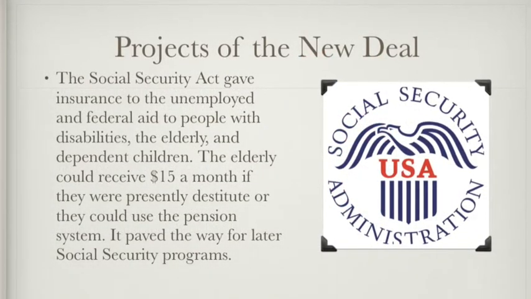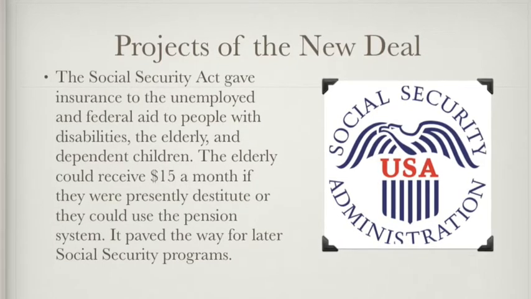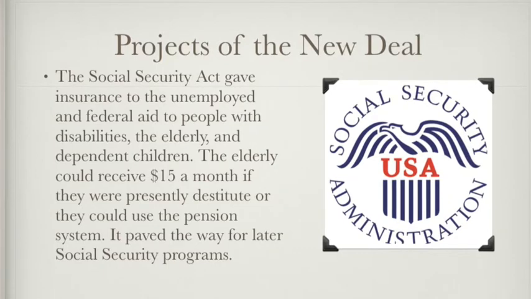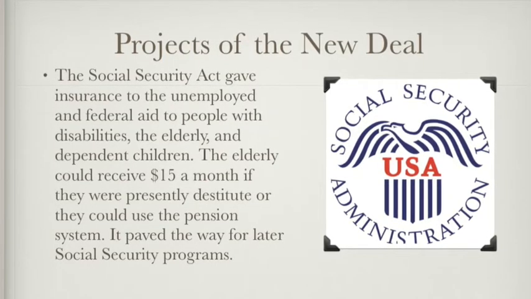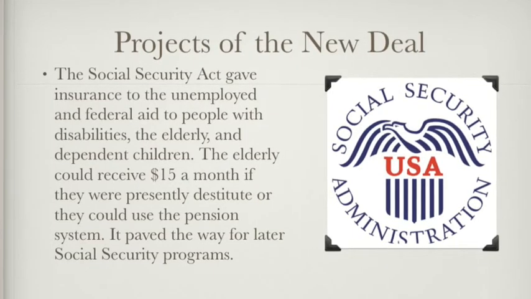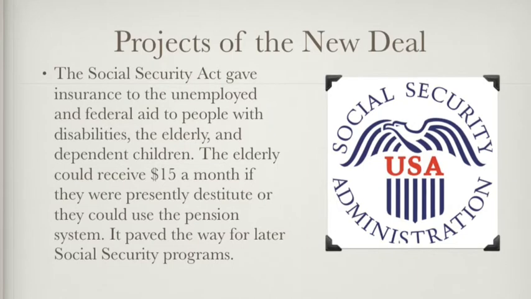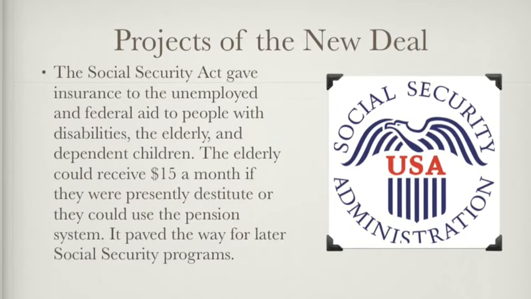Another important project of the New Deal was the Social Security Act. The Social Security Act gave insurance to the unemployed and federal aid to people with disabilities, the elderly, and dependent children. The elderly could receive $15 a month if they were presently destitute, or they could use the pension system.